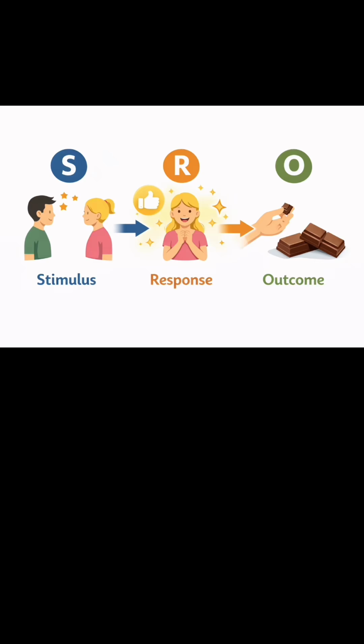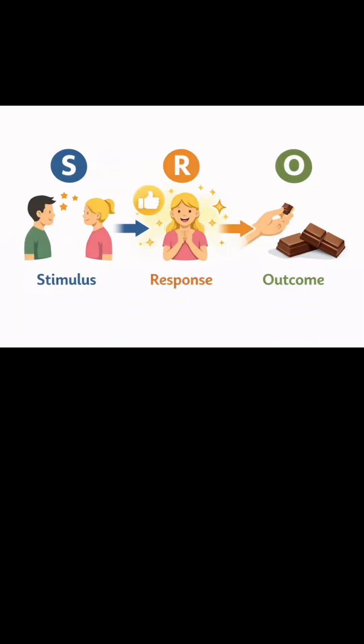The R, or the response, is Penny following Sheldon's rules or correcting her behavior, like moving out of his chair. Now, the outcome, or O, is Sheldon giving her chocolate. Because the chocolate is added after the behavior to increase it, this is positive reinforcement.